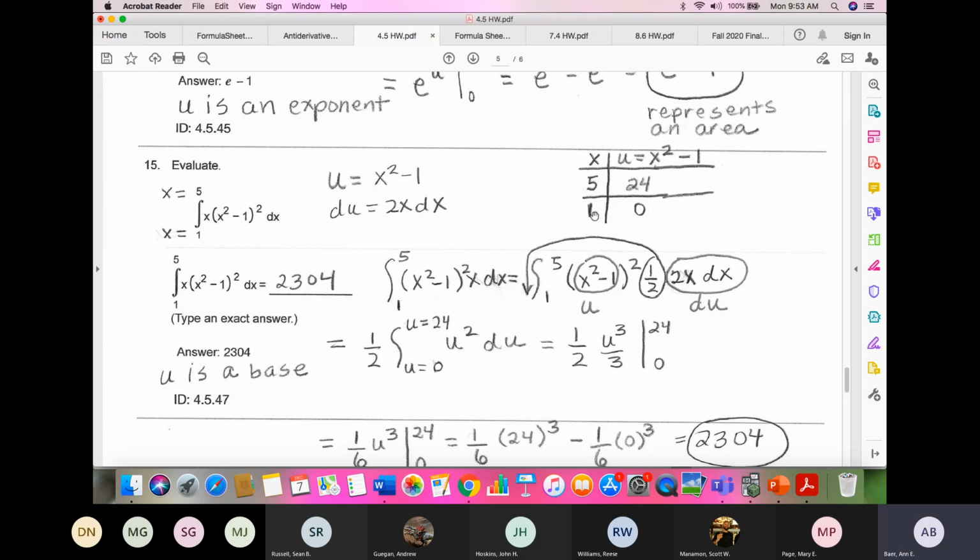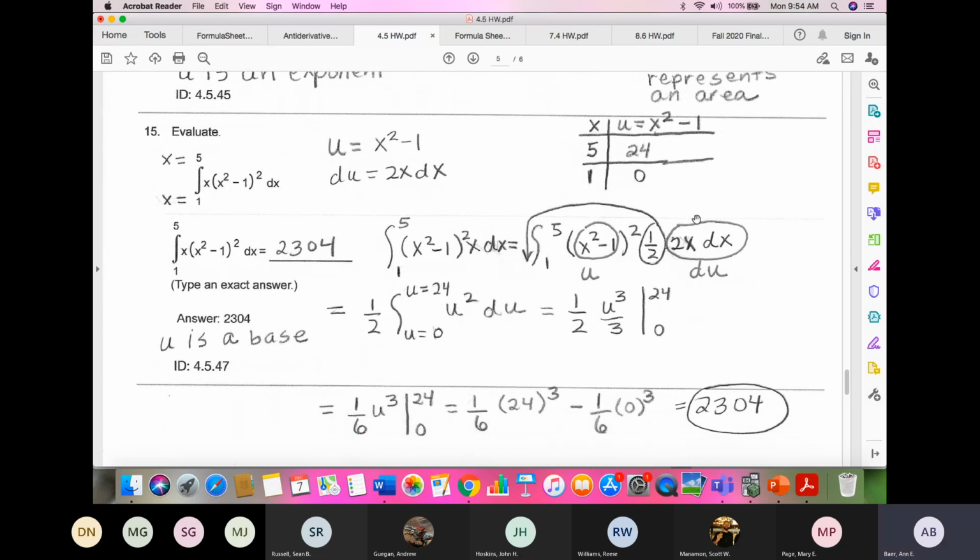And then do the same thing for x equals 1. Put 1 in here. 1 squared is 1, minus 1 is 0. So I now know what the limits of integration are going to be for our integral if we work just in u's. That's going to save us from converting back to x's at all in this problem. We'll never have to convert back to x's in this problem because we're just looking for an area, and we converted our limits of integration to u's.